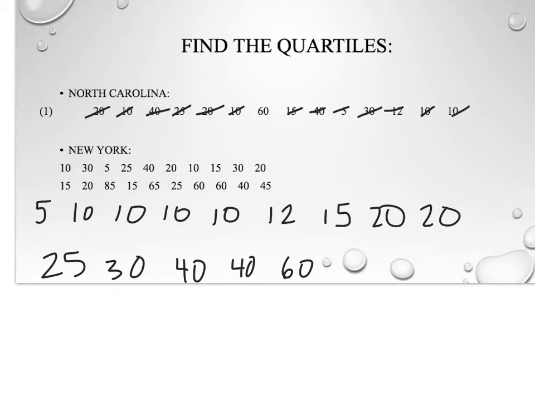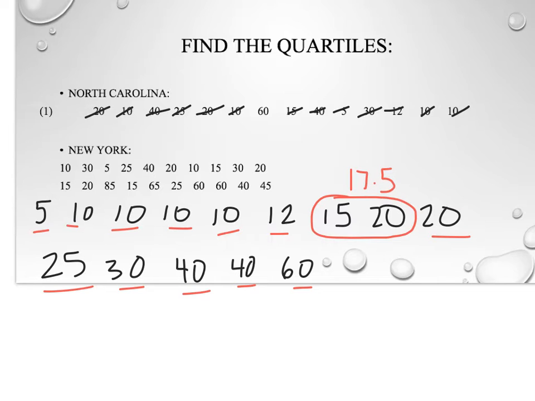Now we can cross off on both ends until we get to the middle. That'll find us our median. Well, our median ends up being these two numbers, so we can find the average, which is 17.5. So there's our median.